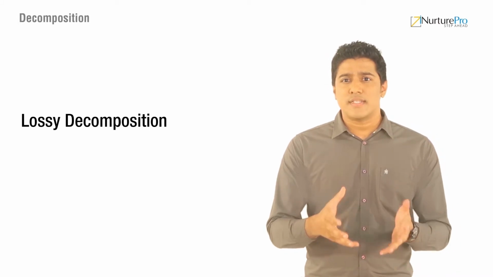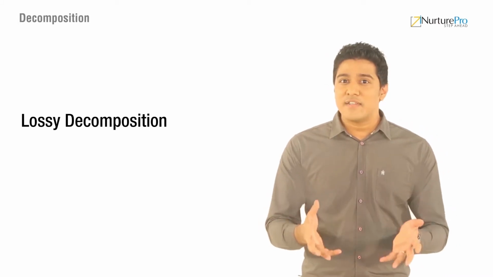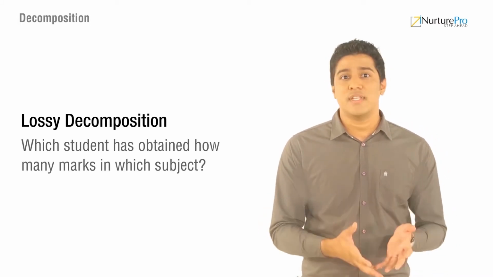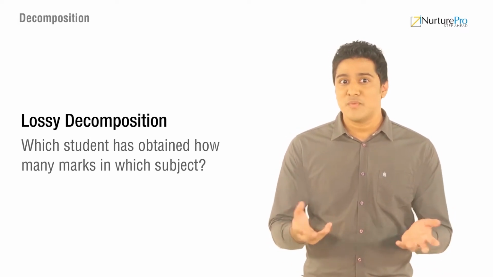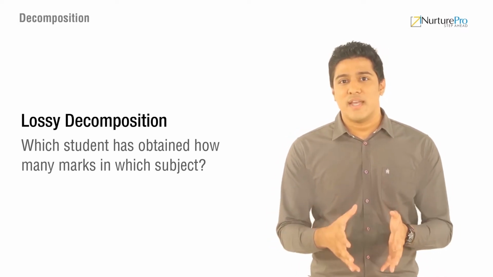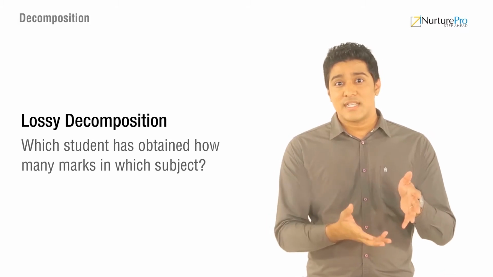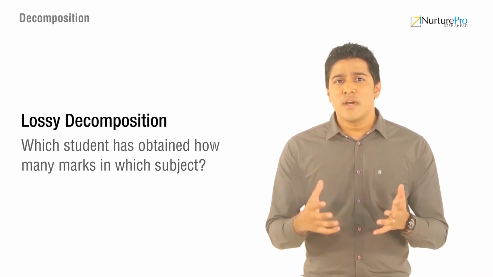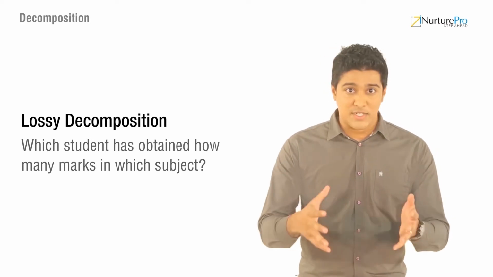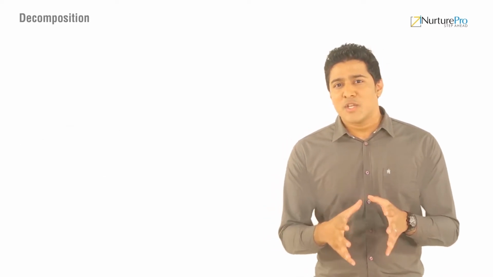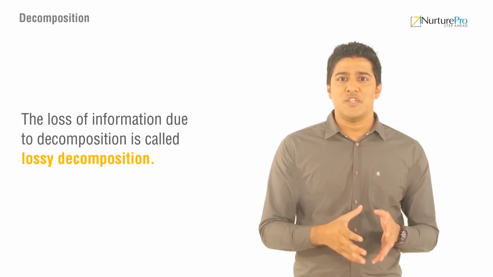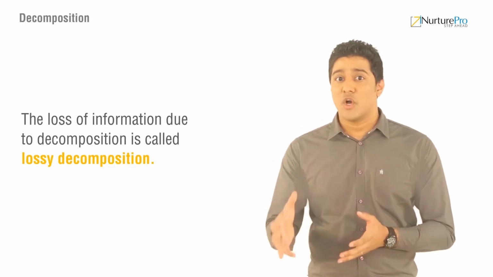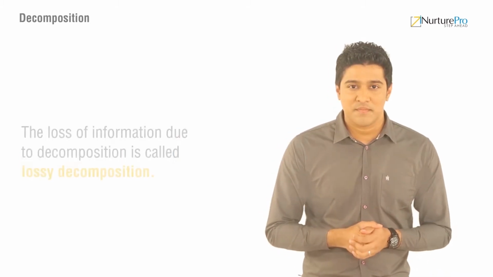After decomposing the tables, we are not able to identify which student has obtained how many marks in which subject. We are only aware that some students exist and some subjects can be chosen. However, we do not know how these 2 tables are interlinked. Hence, we can say that the loss of information due to decomposition is called lossy decomposition.